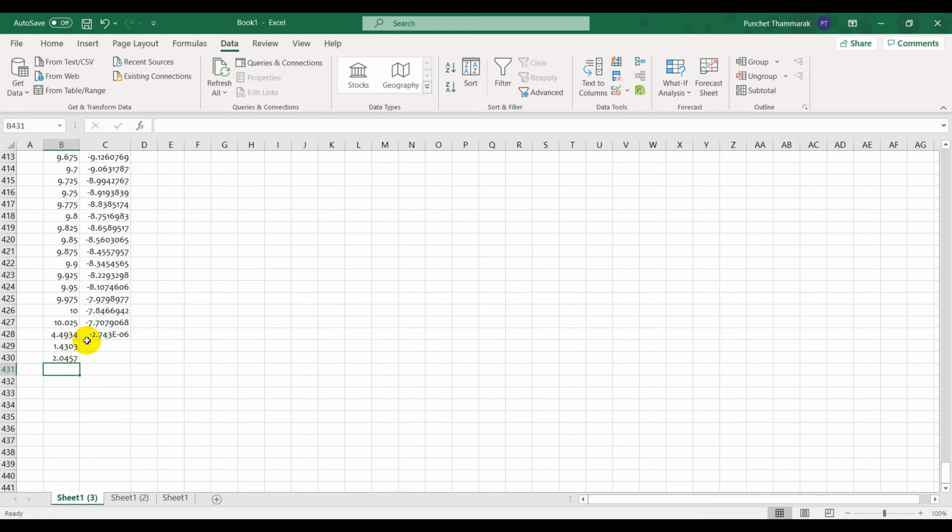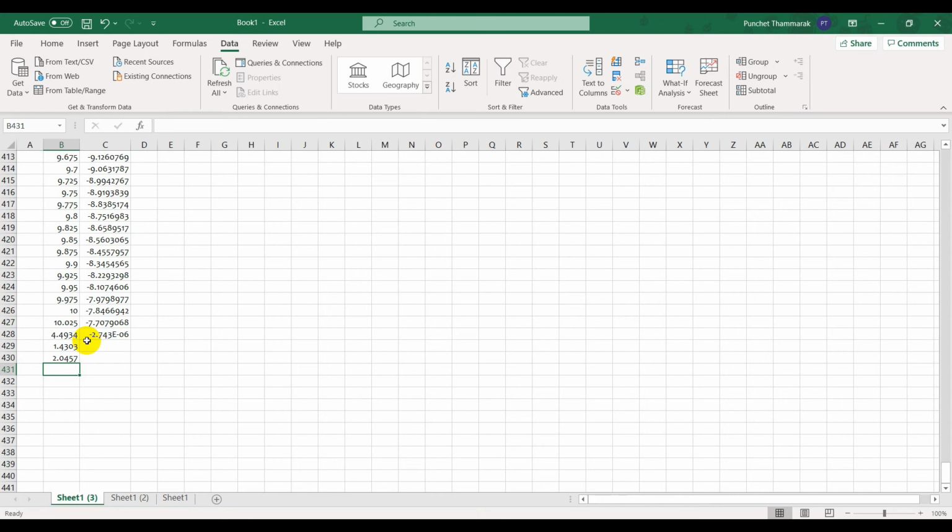This is the P. You have the L squared down here and EI over there. Then you take the pi squared EI and group it over L squared, divided by 2.046.